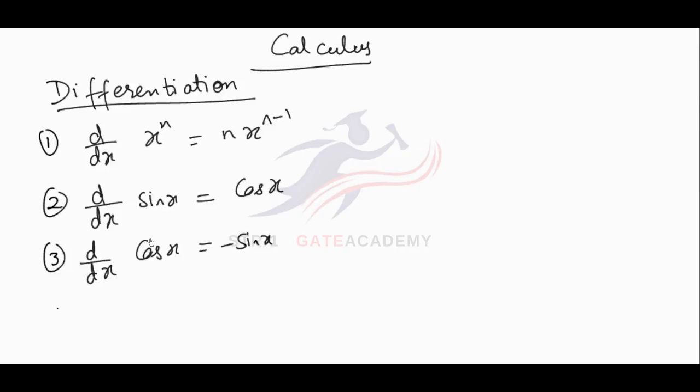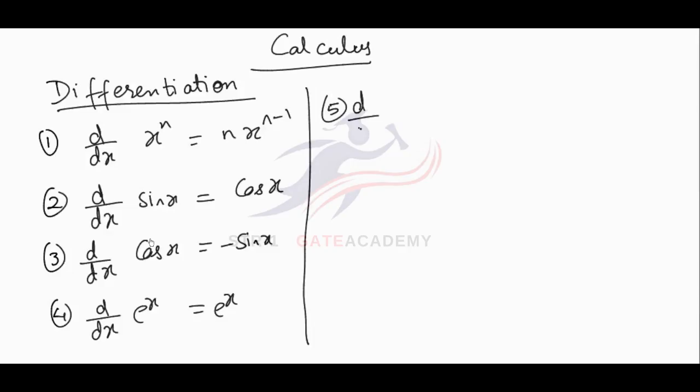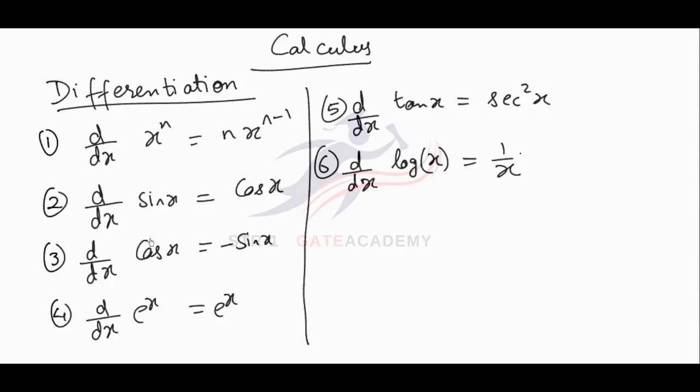Then dy/dx of e raised to x is e raised to x itself. dy/dx of tan x is sec square x. dy/dx of log x is how much? It is 1 by x. Correct.